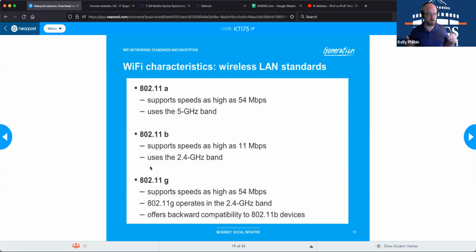Some people were upgrading to 802.11g and wondering why they weren't getting the speeds, but because 802.11b devices were on that network, it was slowing everything down, because they can't talk at different speeds. Everybody's going to talk at the same speed, right? So that's what would happen with 802.11g.